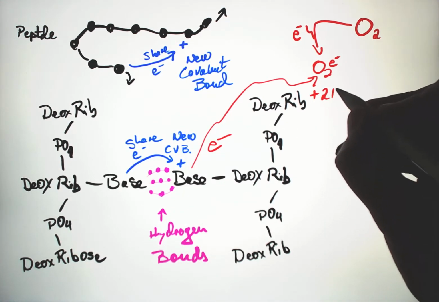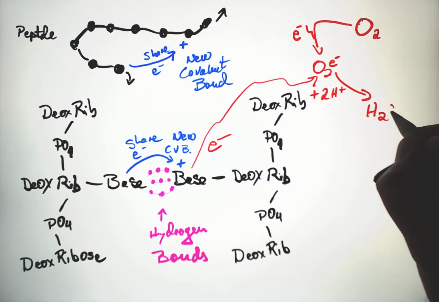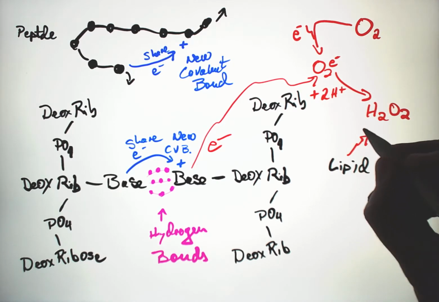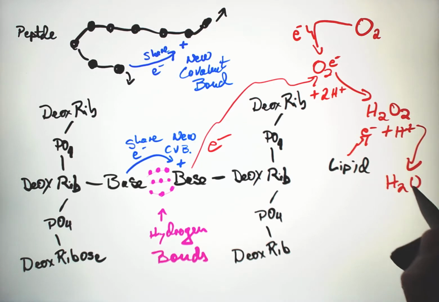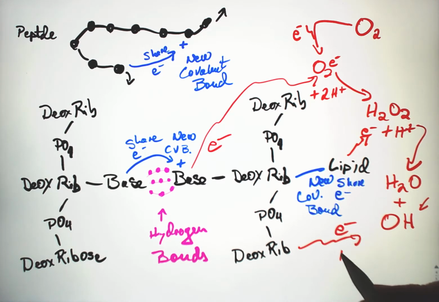The hydrogen peroxide, from the electron and 2 hydrogens, H+, may pick up another electron from a lipid along with an H+ to become water and an OH uncharged, another radical, which can in turn finally pick up an electron and an H+ and become water.